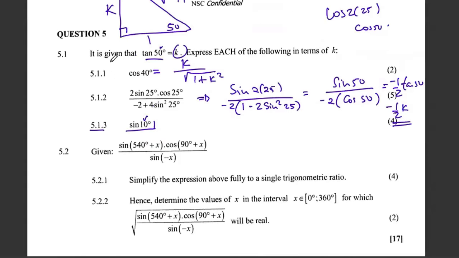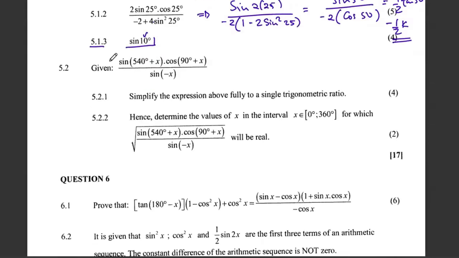And then 5.2, which is now separate from the k part, they want us to reduce this to a single trig ratio. Okay, now when you look at 540, 540 is just the same as 3 times 180. And then we know that 180 plus x is in quadrant number 3, and sine is negative in that quadrant. So it's going to be negative sine x.